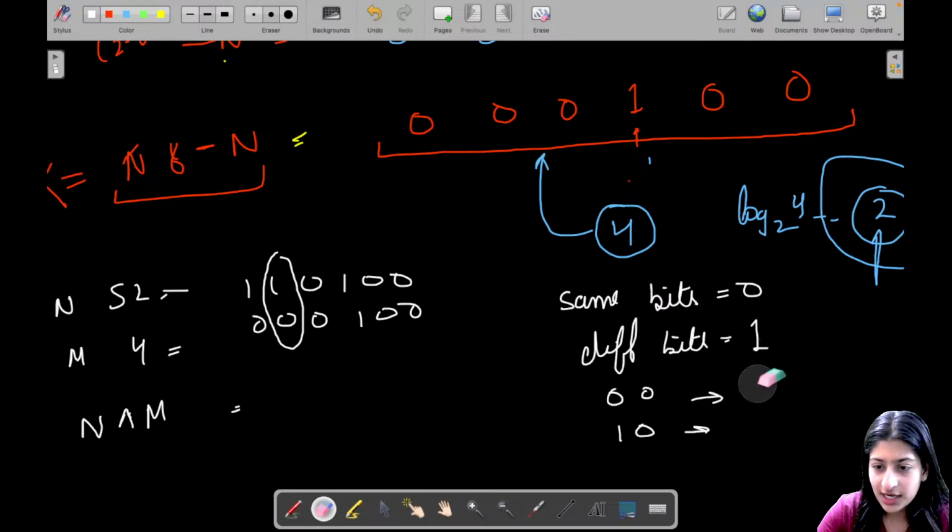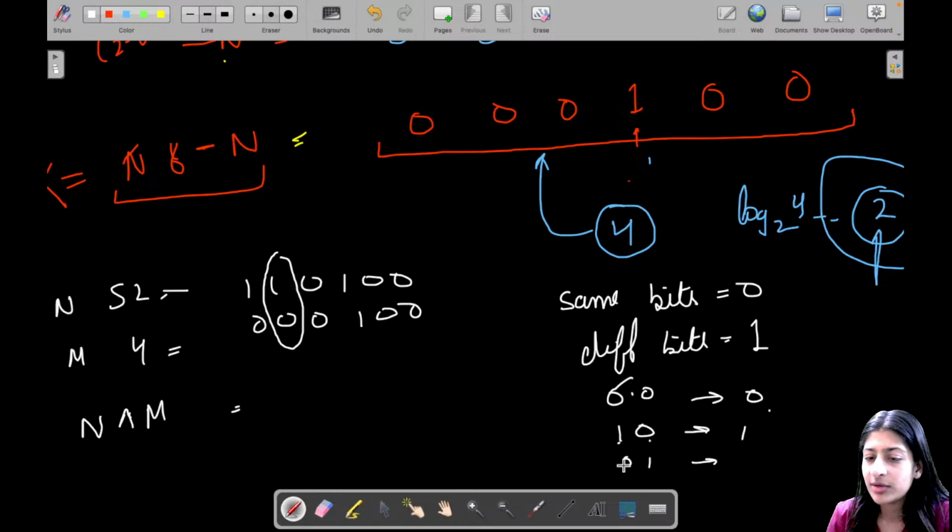If it is 0 0, it will be 0. If it is 1 0, it will be 1. If it is 0 1, it will be 1. If it is 1 1, then 1 XOR 1 will also be 0. So that's the property of XOR.